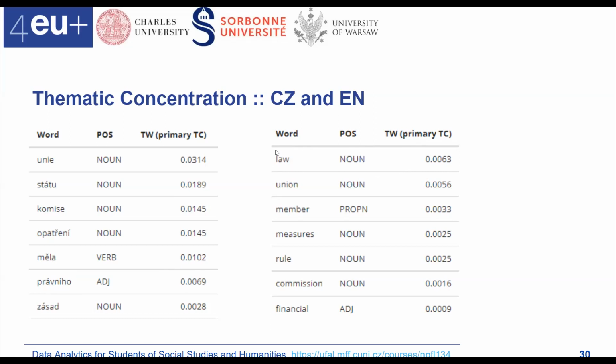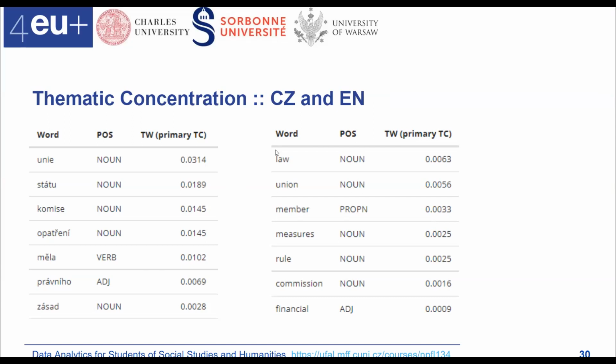Okay. May I also add something? I think that you can't compare these scores across languages. You can only compare texts within one language, since English texts in general can appear less thematically concentrated than Czech texts, because English might have, simply by its grammar, more function words everywhere than Czech.